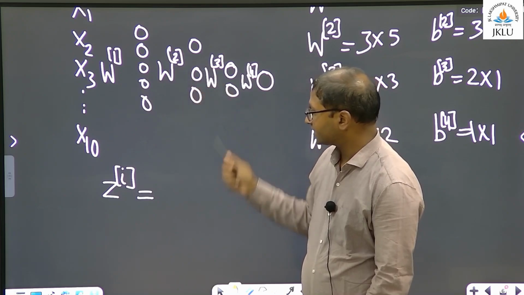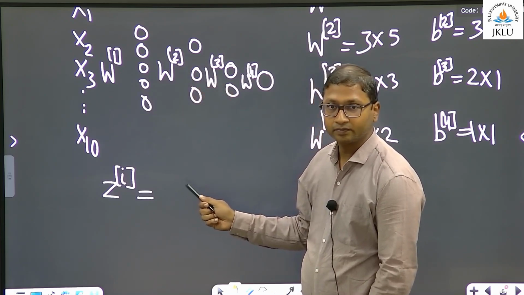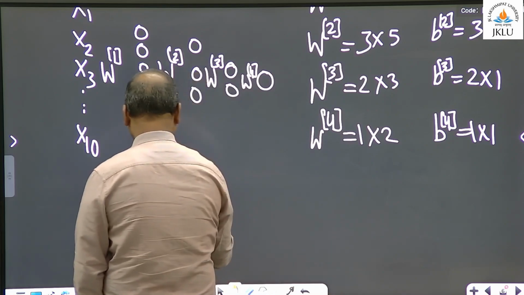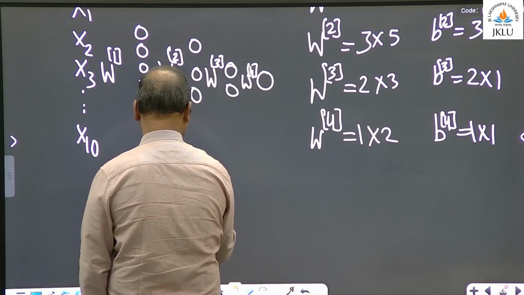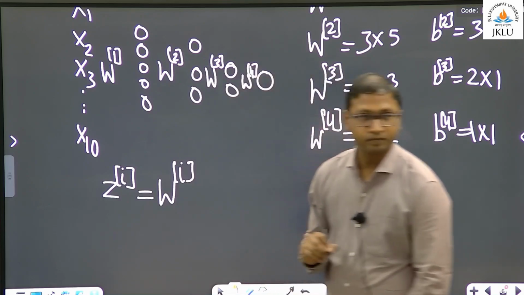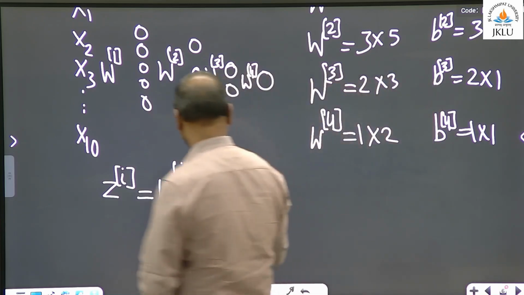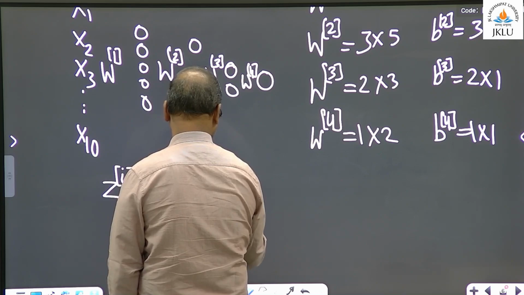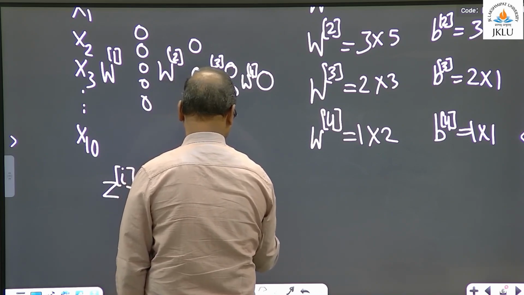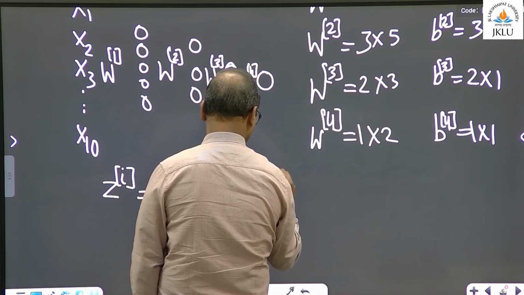What will I have here? Wi, Ai minus 1, plus Bi.